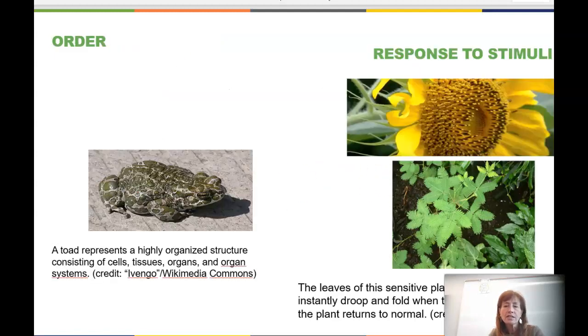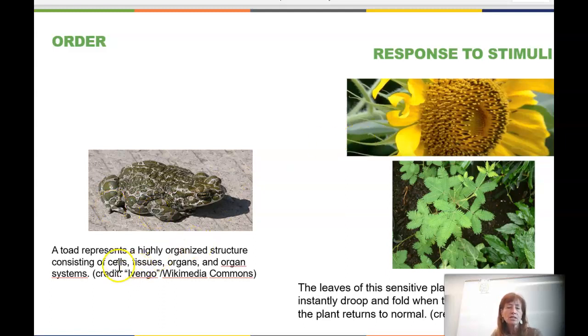To show that, I think it's easier to look at pictures, because I think it helps when we're seeing these different ideas. So order is really referring to this idea that living things are organized. And they're organized from very simple structures up into much more complex structures. And here's an example.